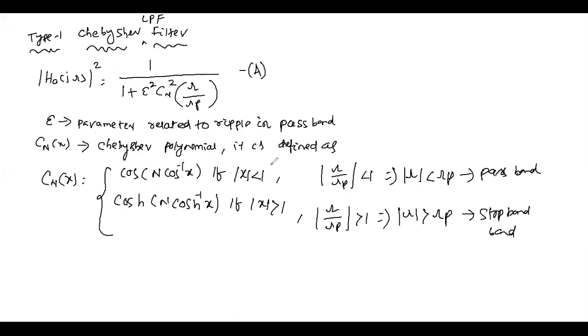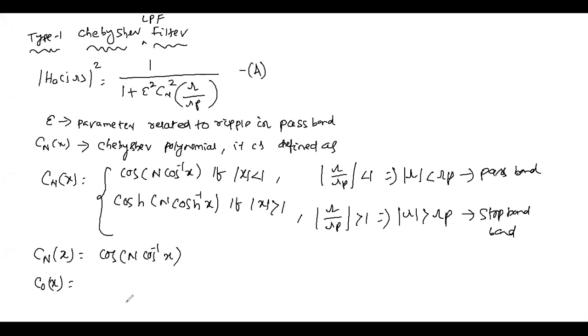Since we know that for type 1 there is ripple in the pass band, I will take Cn(x) = cos(n cos⁻¹x). Now what is C0(x)? Put n equals 0.